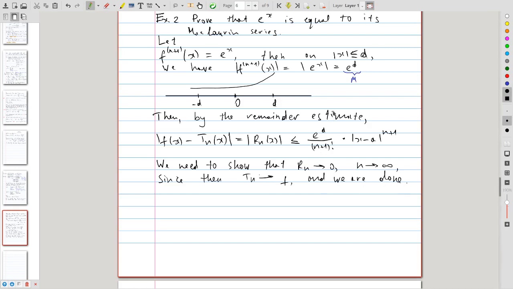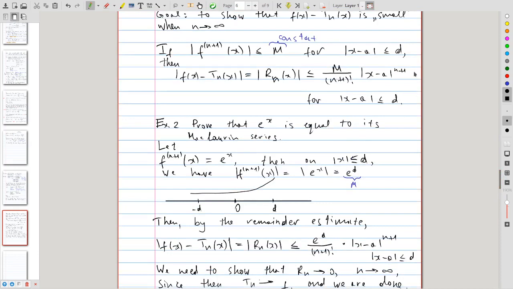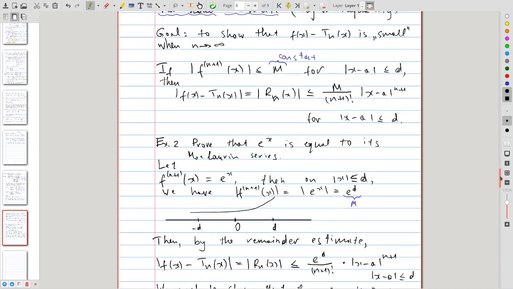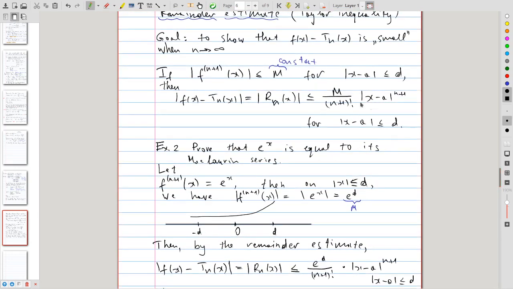So how do we do this? Well, the remainder estimate tells us that this inequality is true for the absolute value of x minus a at most d. If you look here, this is the interval that we work with, and the conclusion of the remainder estimate also holds on this interval.